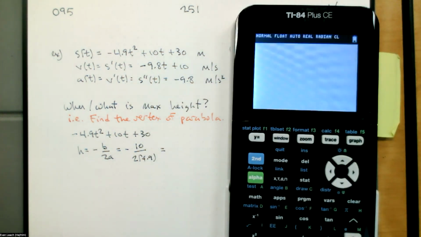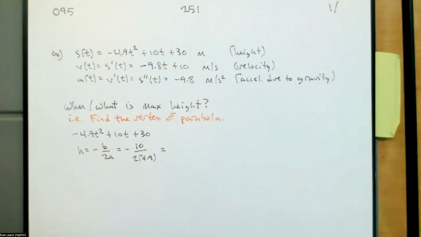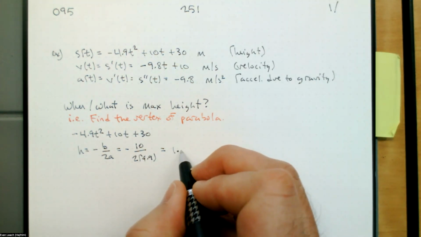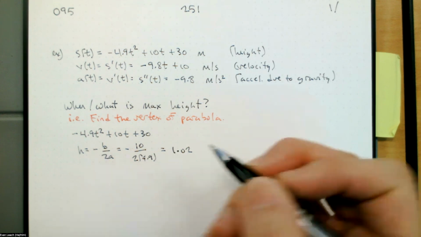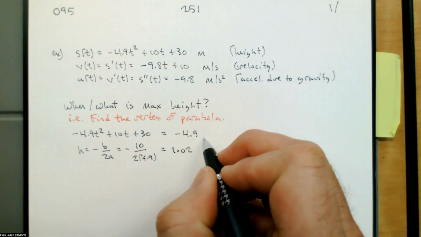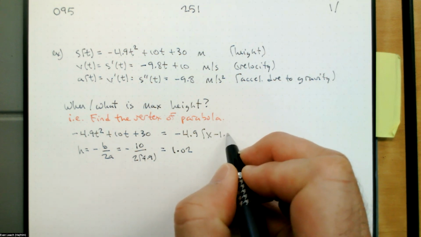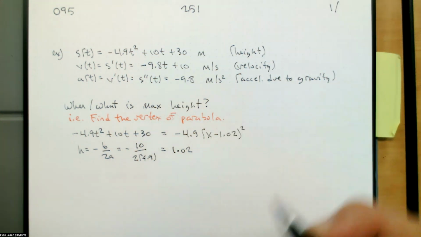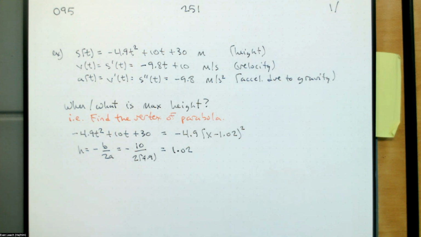So if we take this 10 and divide it by 9.8, we get approximately 1.02. And then to figure out k, we just take this and plug it into our function.